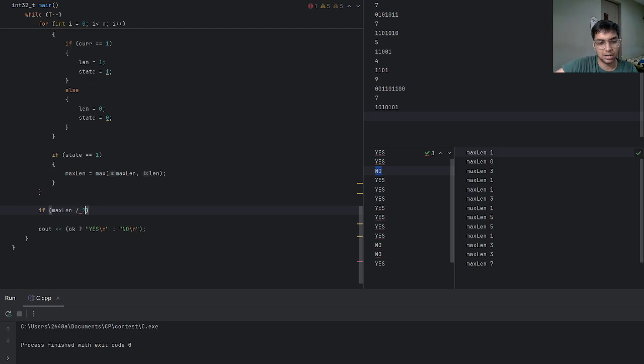But if maximum divided by 2, तो अगर 2 से divide करते हैं, 7 divided by 2 is 3, and 3 is odd. Then it's bad news, right?